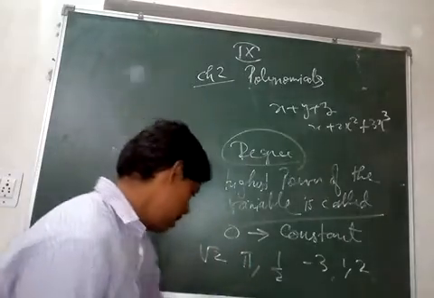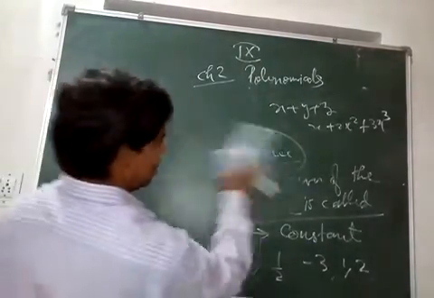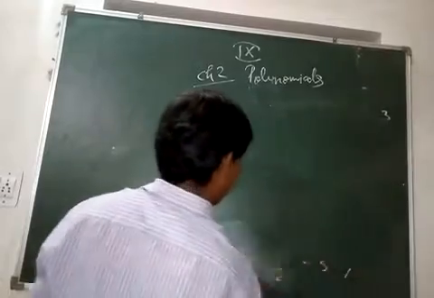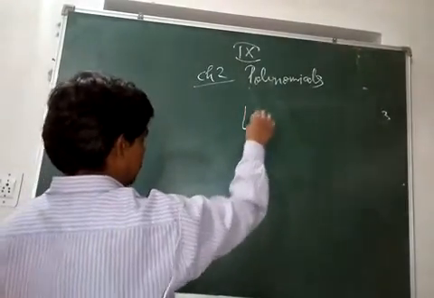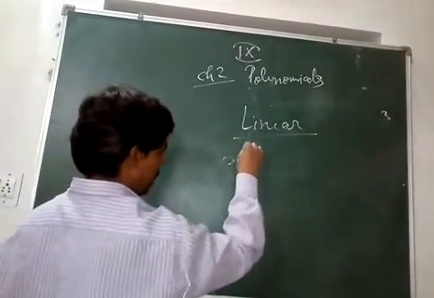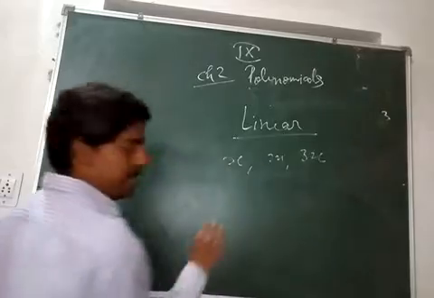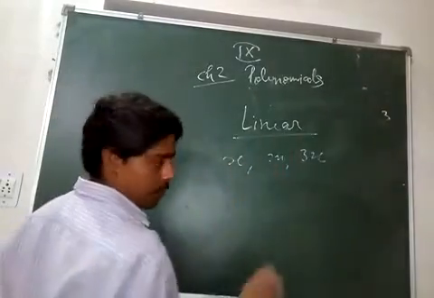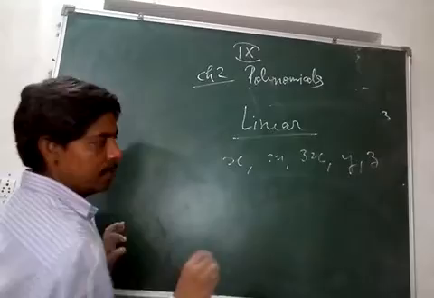Okay. And if the power is 1, it is called a linear polynomial. X to the power 1. X, 2x, 3x, these are all linear polynomials because their power is 1. Even y, z are also linear polynomials.